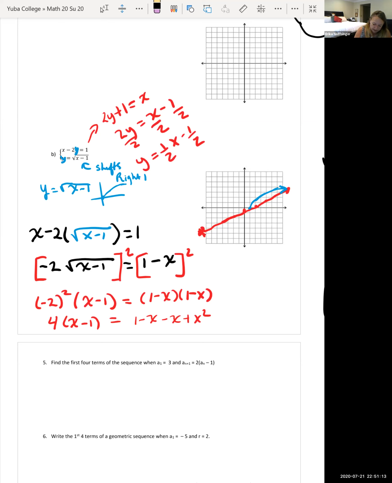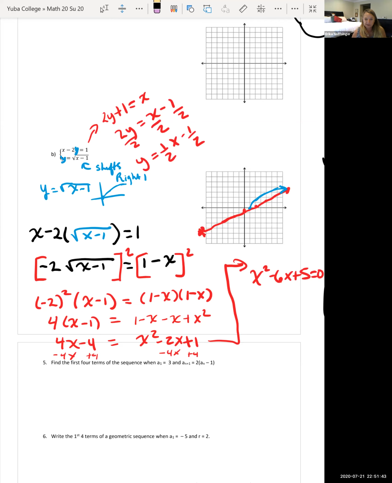So we have 4x minus 4 equals x squared minus 2x plus 1. It's a quadratic equation, so set equal to 0: subtract 4x on both sides, add 4 to both sides. So we have x squared minus 6x plus 5 equals 0.